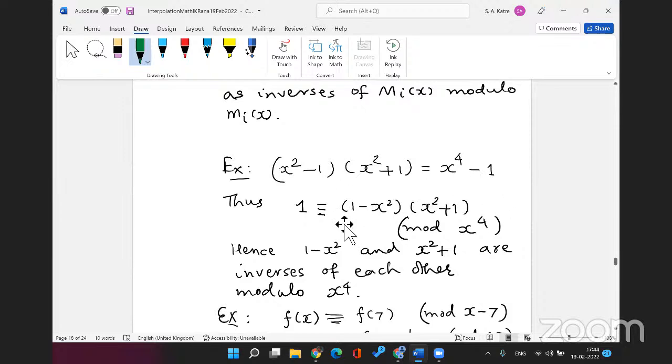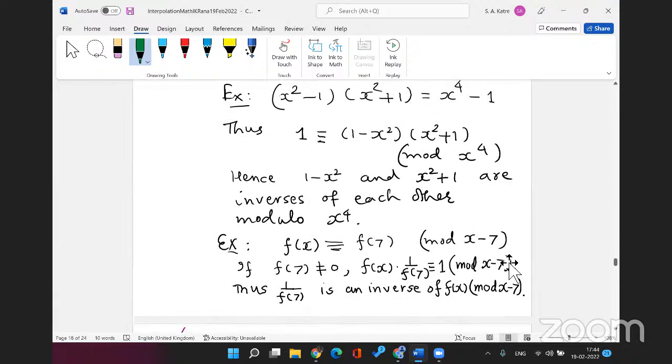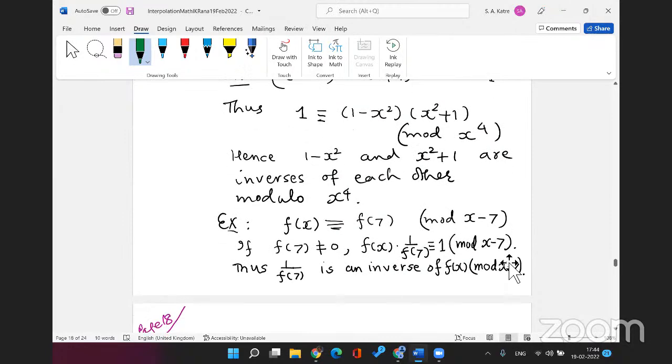So we write 1 as, changing the sign here, 1 minus x square into x square plus 1, modulo x raised to 4. And these are polynomials whose product is 1, so they are inverses of each other. Suppose this is m_i, then this is m_i bar.